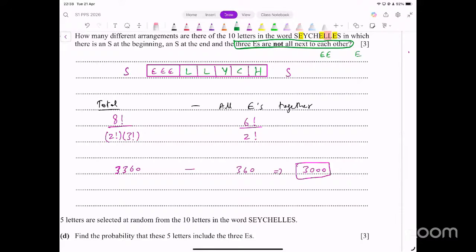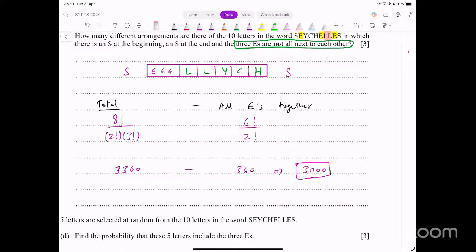If you use dashes and stars method, that will separate all E's. This case would also be eliminated there. We don't want to eliminate that case. It's the not all case. If they said none of the 3 E's should be together, in that case, we would use the dashes and stars method. Okay?